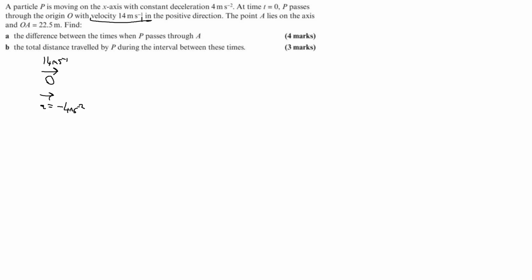Now what we need to do is model A over here. Well, we know that the distance here is 22.5. Yeah?